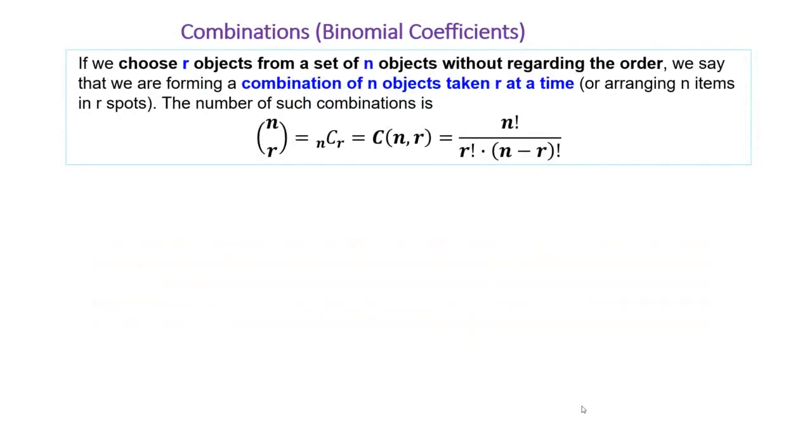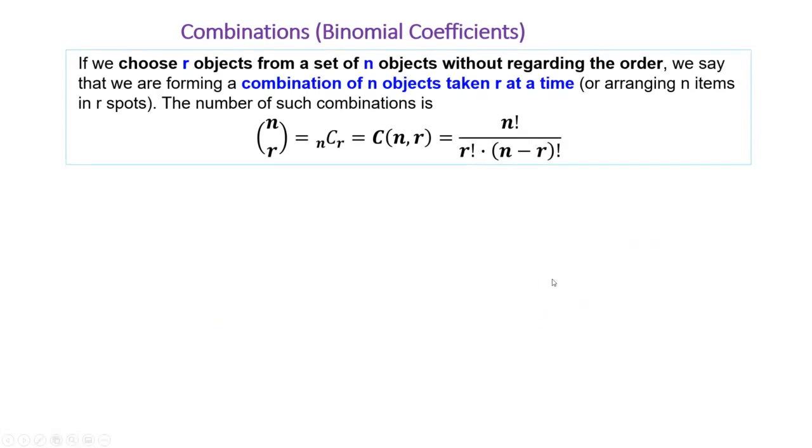The binomial coefficient gives the number of possible combinations when we choose r objects from a set of n objects without regard to order. Or it gives the number of combinations of n objects taken r at a time.